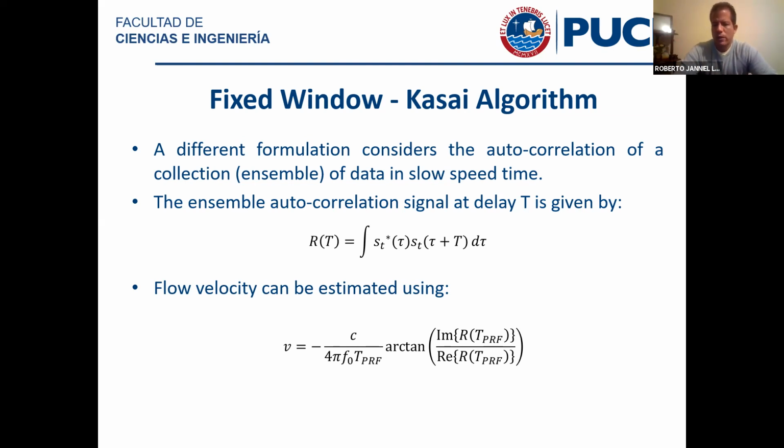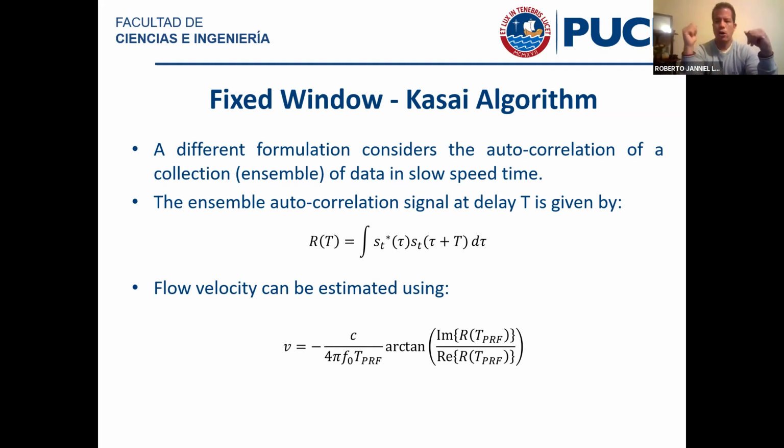Usually we start the description with the continuous time counterpart for mathematical purposes, and then we go to the discrete one. So the autocorrelation R(T) would be the integral with respect to tau, because that's the direction that we're correlating at, of the signal in tau times the signal in tau plus T, where T would be our T_PRF. So it's like shifting by one firing.